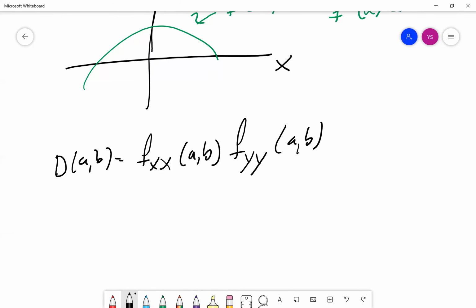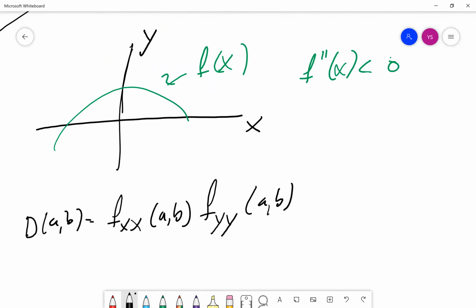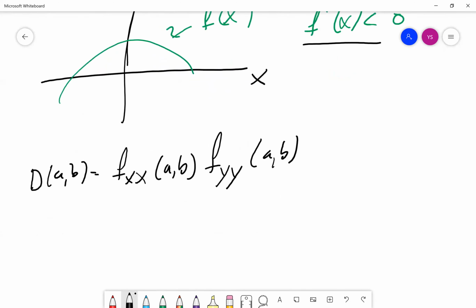So far we're using the information contained in our second derivatives. Then minus f_xy at (a, b) squared. That's your D.